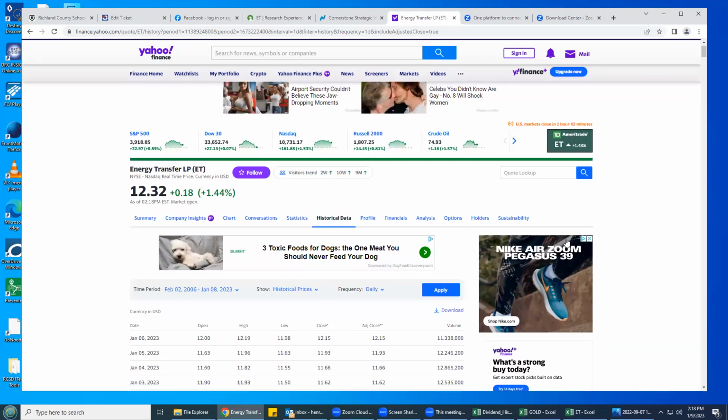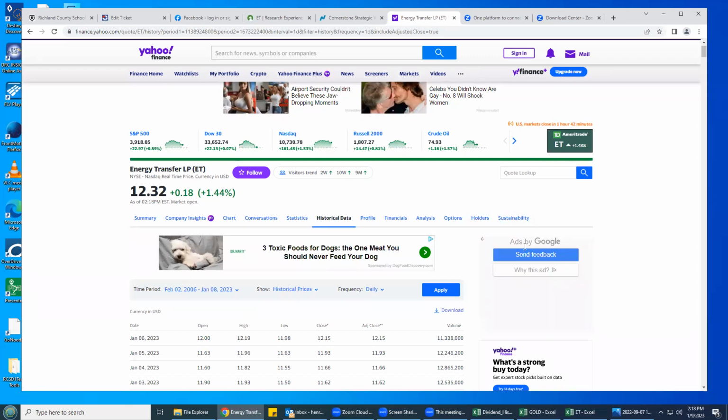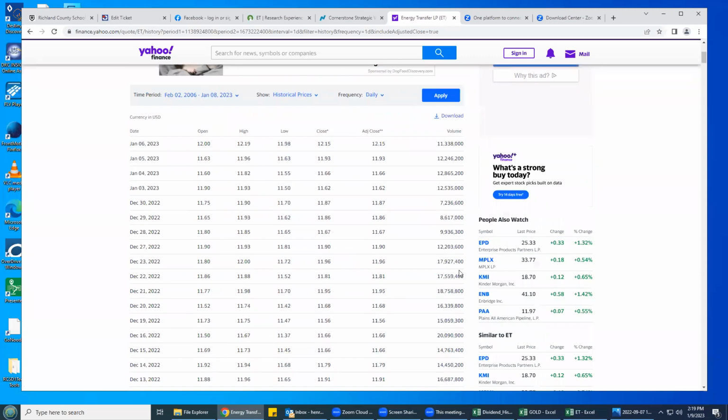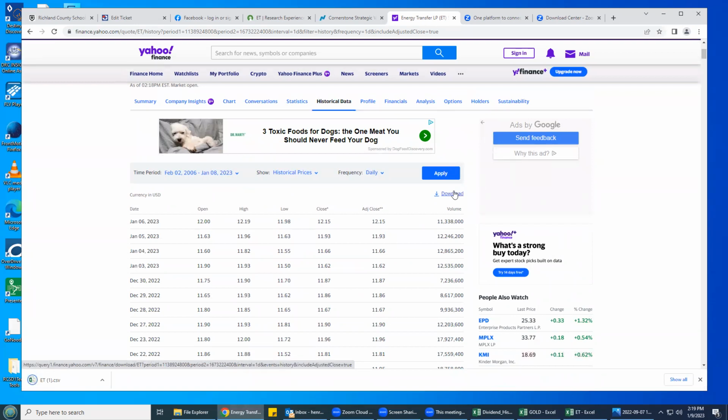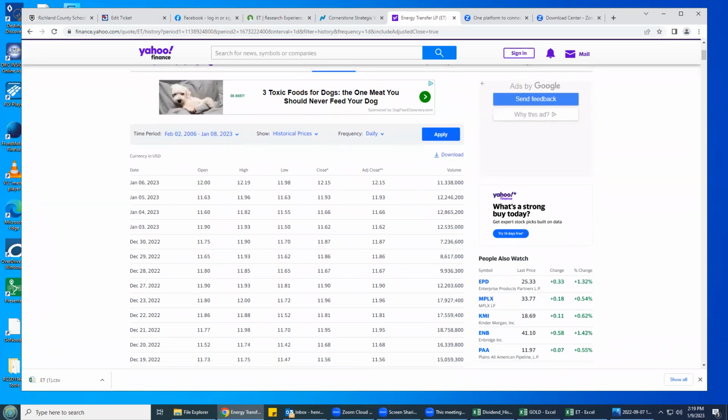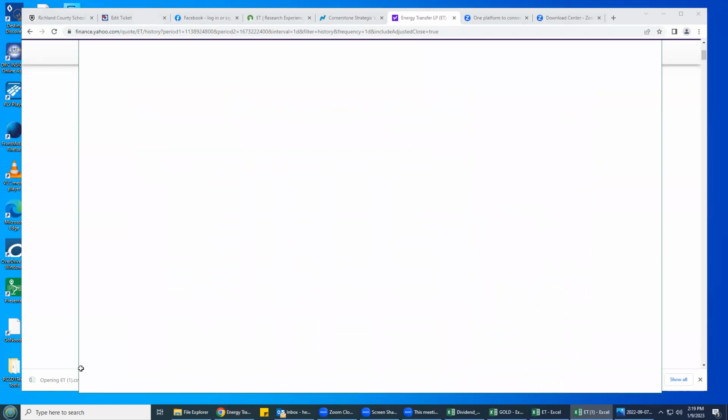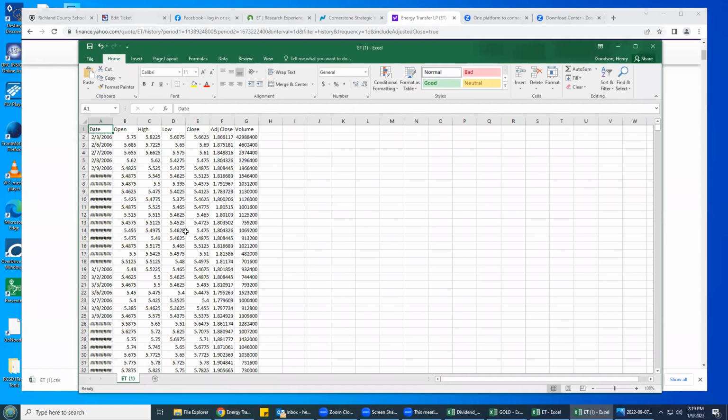Now you can't see the download button anymore. I'm not sure why it's not showing them all. But anyway, I don't want to hold y'all up. Oh, there we go. I don't know what I did the first time.